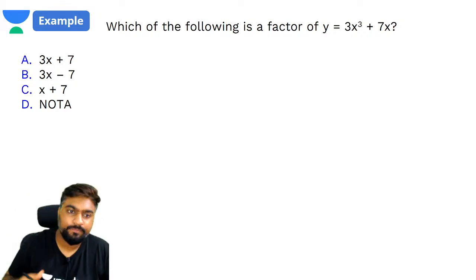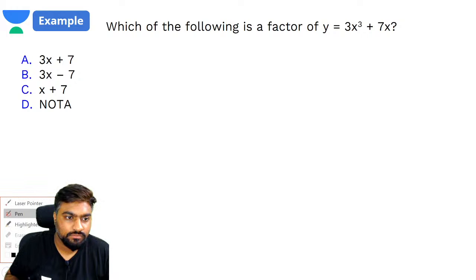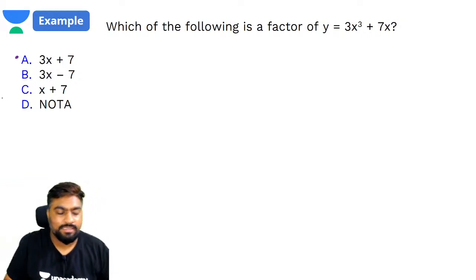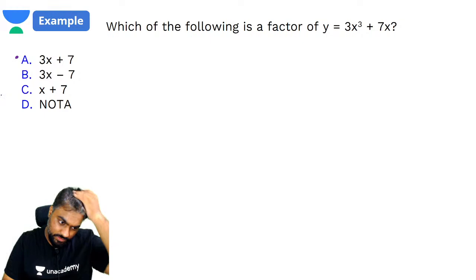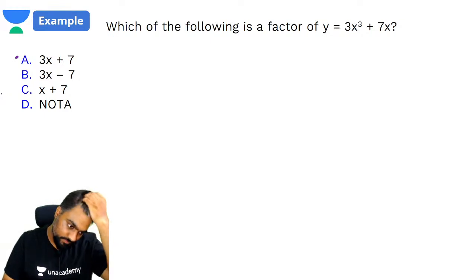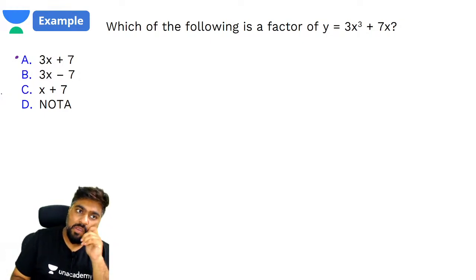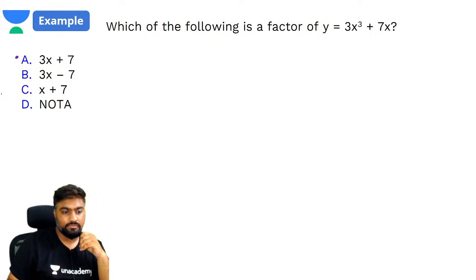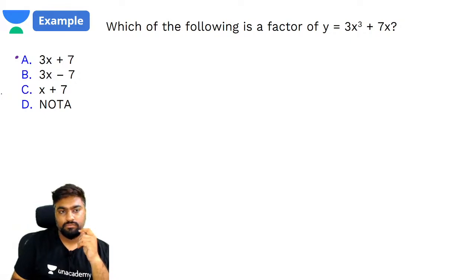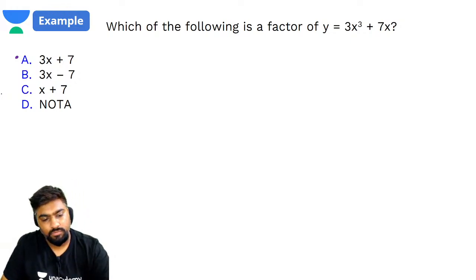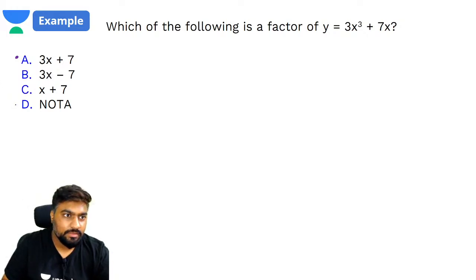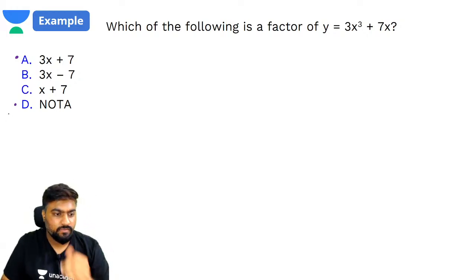Nalin says A, 3x plus 7. Others? बाकी लोग? आदित्य and Milan say D, none of the above.